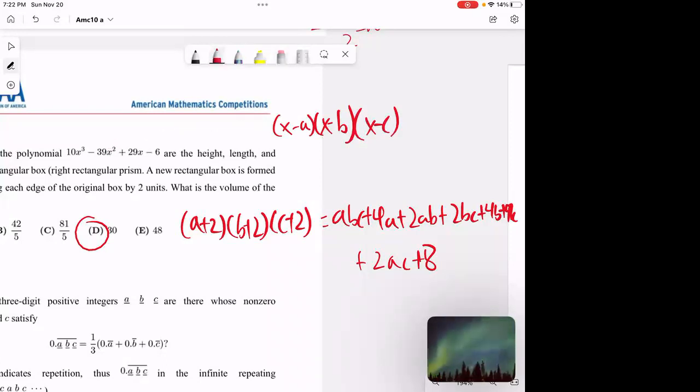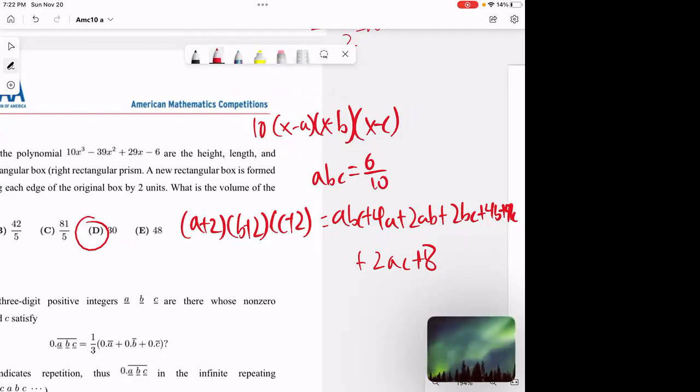So we know the constant term is 10 times negative A times negative B times negative C. So that's negative 10 ABC is equal to negative 6. Therefore, ABC is equal to 6 over 10. And that's how you derive Vieta's formula, using this thing right here, right? So ABC is equal to 6 over 10.